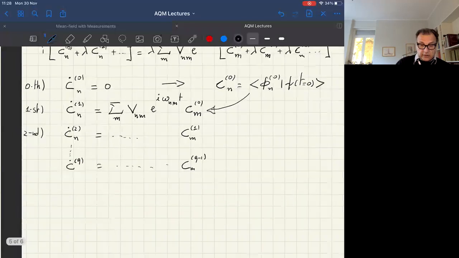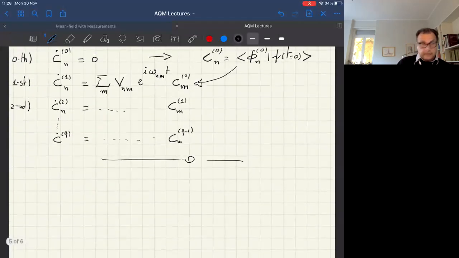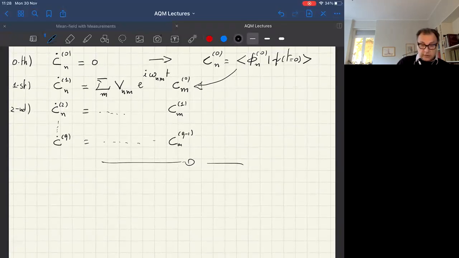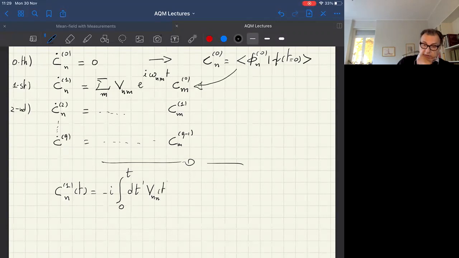So what is the first order equation? We just write it here. We just have to integrate: C1 n of t is equal to minus I, the integral between 0 and t of dt prime V n m of t prime e to the I omega n m of t prime C0 of m, which is constant.